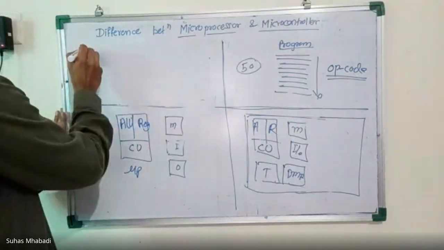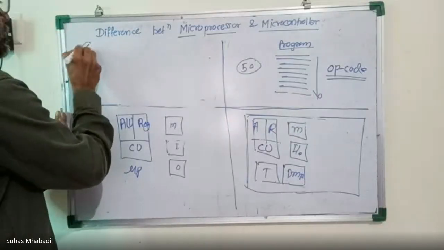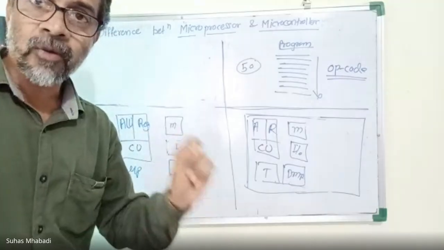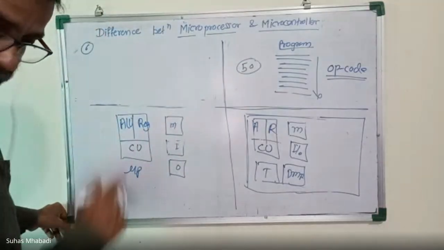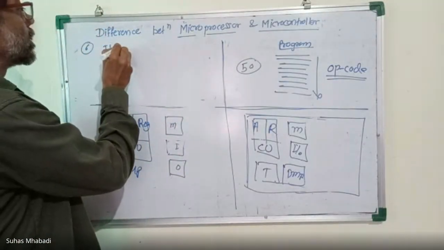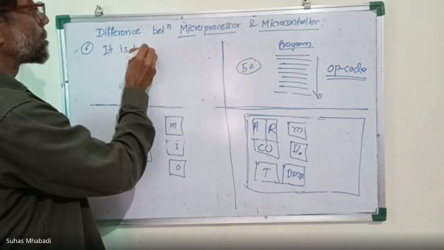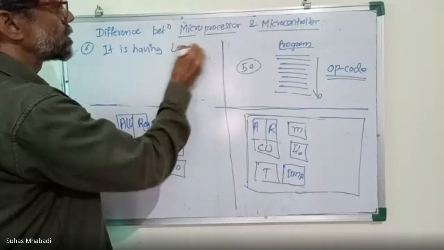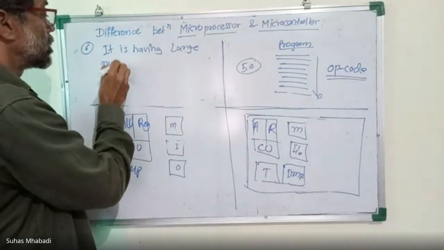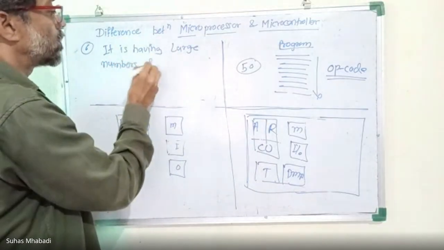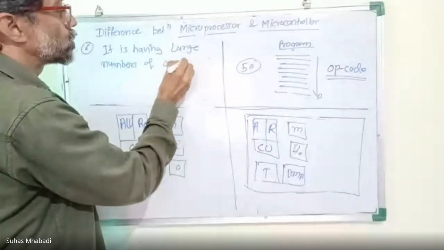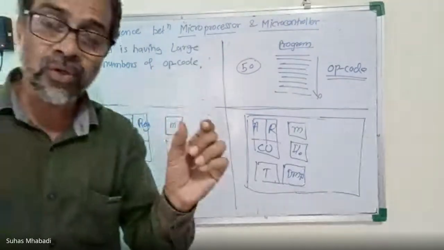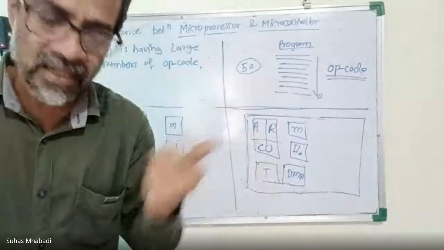The sentence is point number 6. Microprocessor is having large number of operation codes. असतात. पण प्रत्येक ऑपरेशन कोडची बिट हँडलिंग कॅपॅसिटी ही कमी आहे.